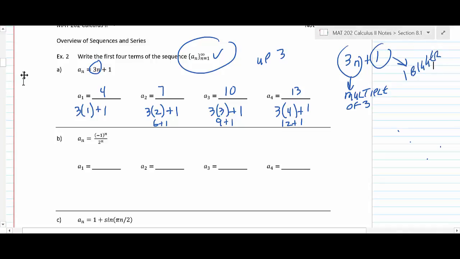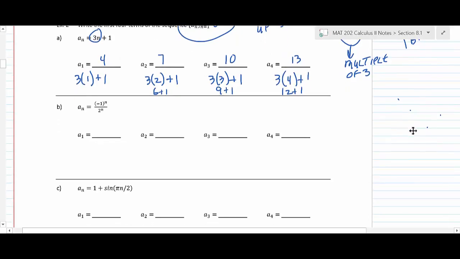So you have 3 times 1 is 3, 1 bigger than 3 is 4. 3 times 2 is 6, 1 bigger is 7. 3 times 3 is 9, 1 bigger. That's what 3n does, it gives a multiple of 3, right? So it's kind of nice to see those little things and how that's generating that sequence, okay? That one should be pretty easy.